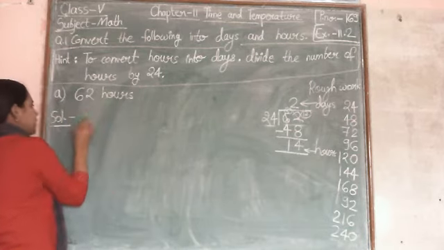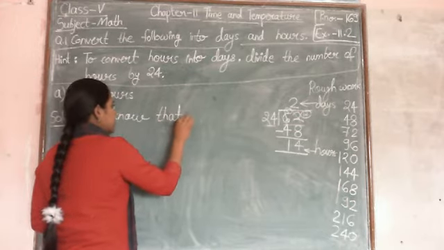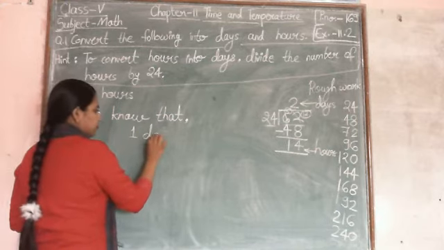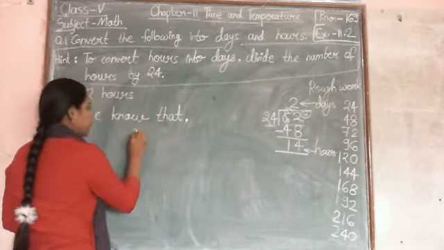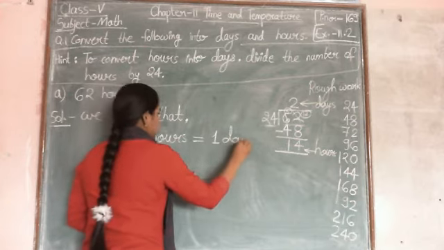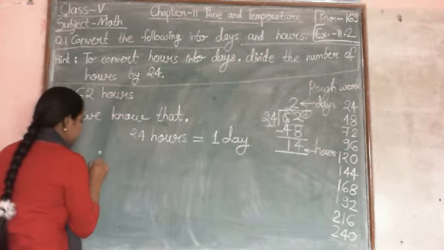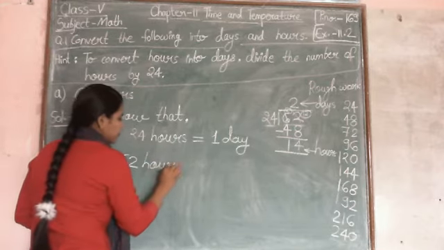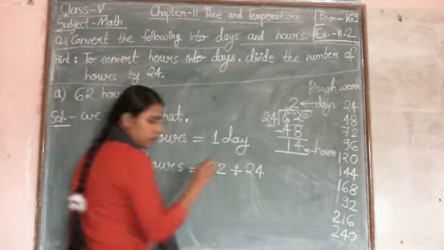Now here in the solution part we will write: we know that 24 hours is equal to 1 day. Therefore 62 hours is equal to 62 divided by 24.